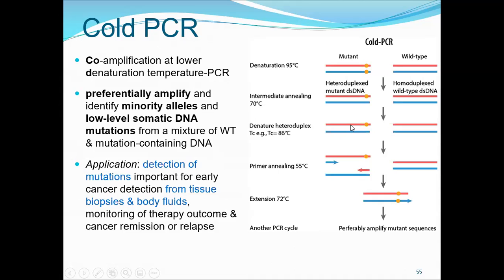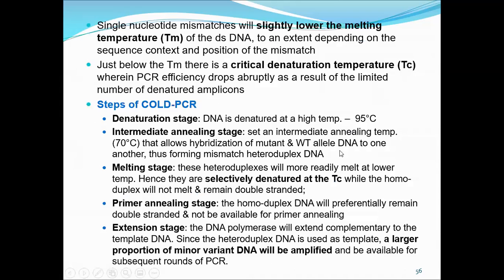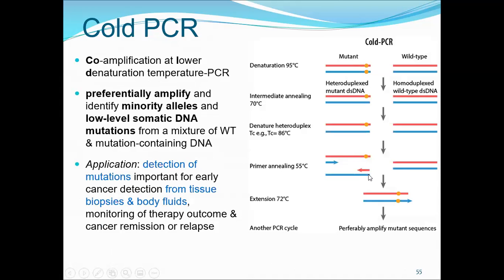So at 86 degrees, the denaturation is done, and then primer annealing will be done only to the mutant one, mutant in the sense the heteroduplex, and you can end up getting preferential mutant allele amplification along with some wild types.